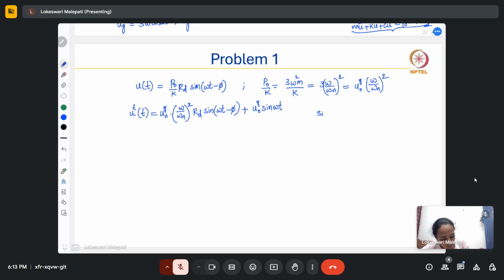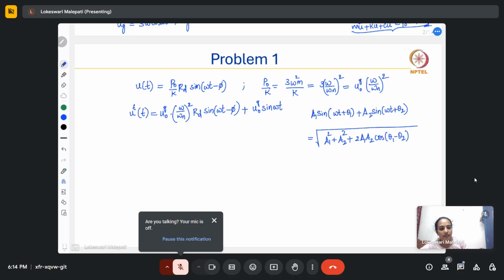So if we have two sinusoids, a1 sine of omega t plus theta 1 and a2 sine of omega t plus theta 2, the resultant of these two sinusoids will have an amplitude of the square root of a1 square plus a2 square plus 2 a1 a2 cos of theta 1 minus theta 2.